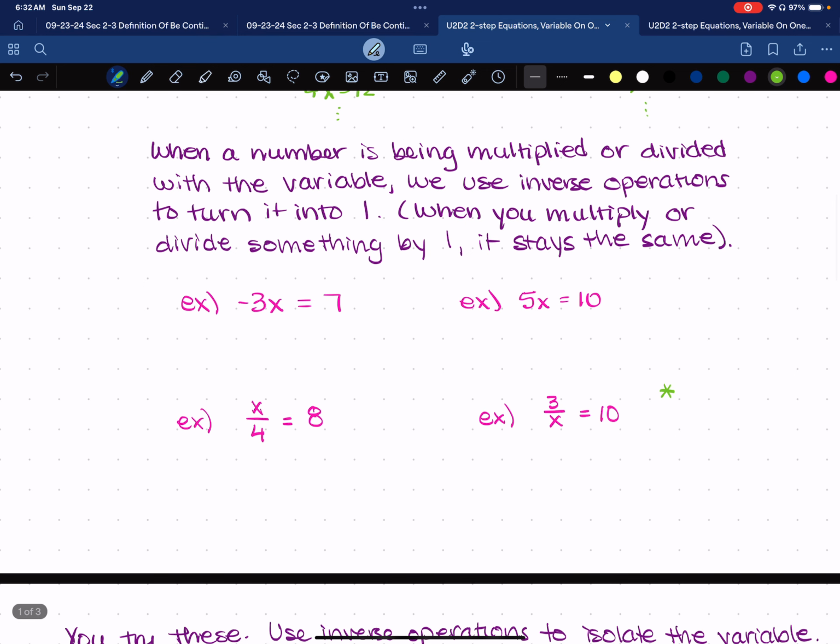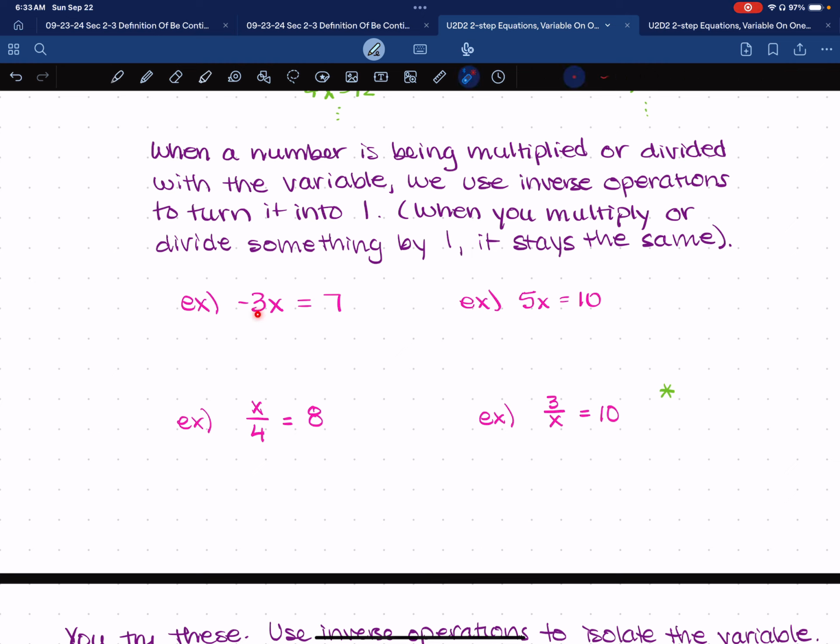If we look at this one with multiplication or division, then it's the same kind of idea, but this time when you multiply or divide, you want to think about turning something into 1, because when you multiply or divide by something or something by 1, it stays the same. So in this case, here's the x.